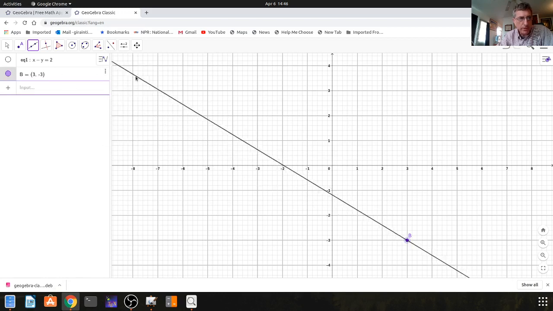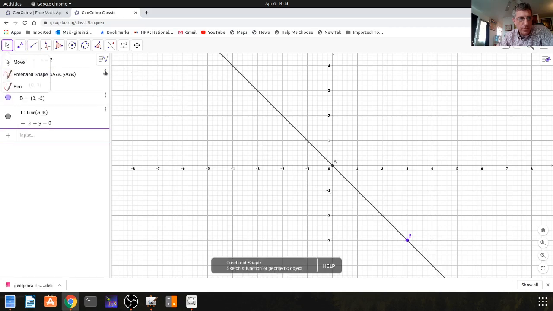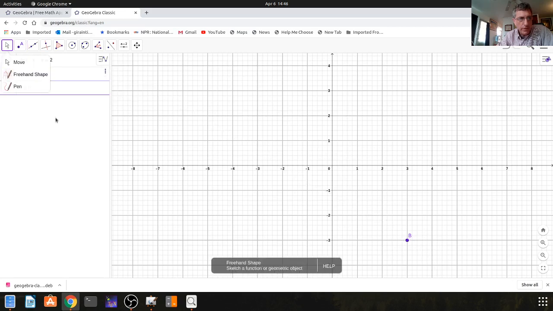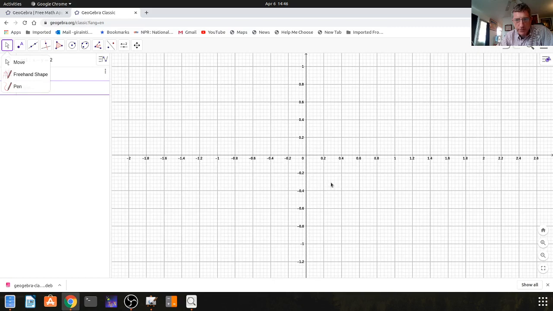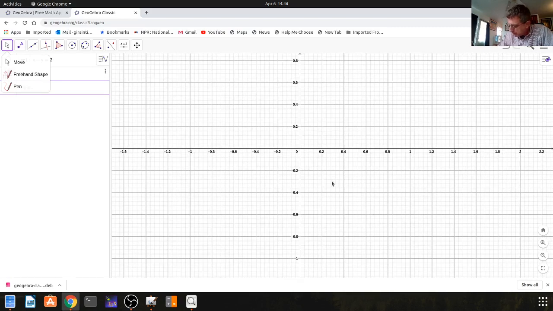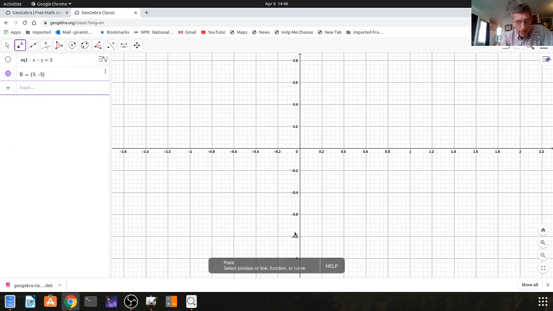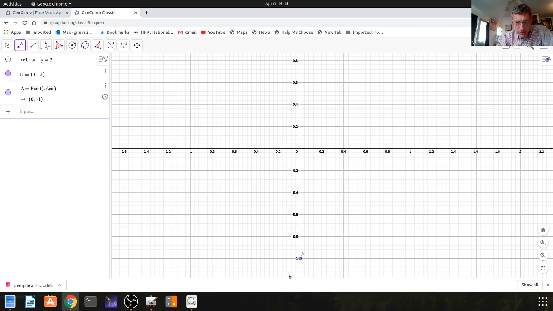Because with the computer, you can literally zoom in as much as you want. So my first point was 0, minus 1. So here is 0, and right down here is minus 1. And then my next point is minus 1/2 and 0.